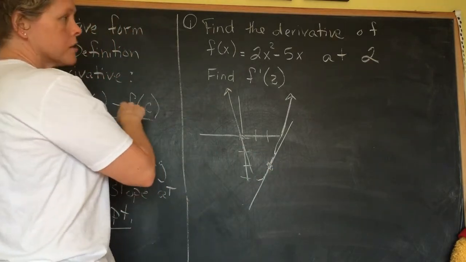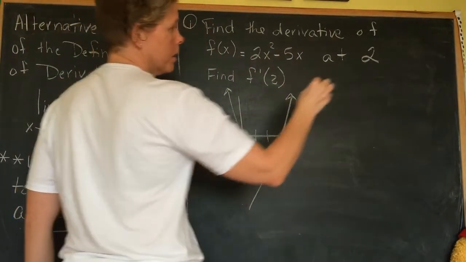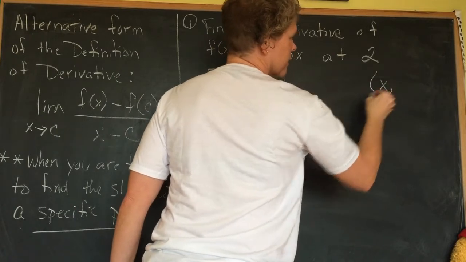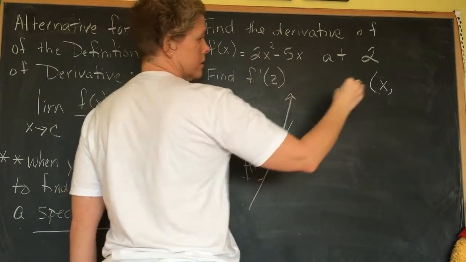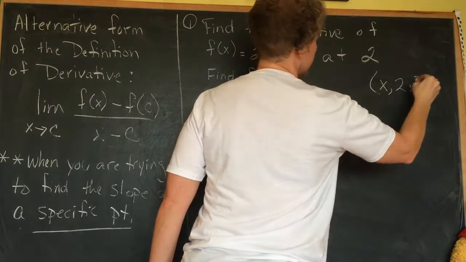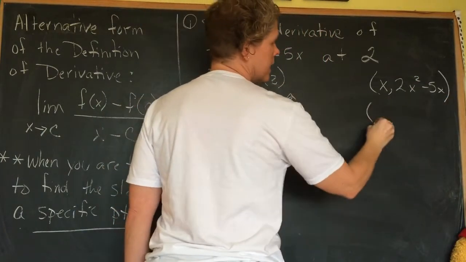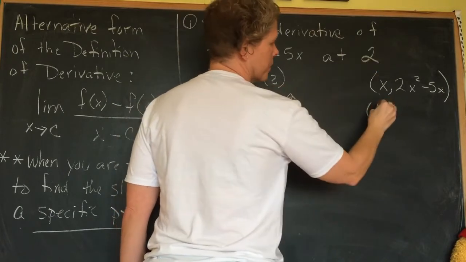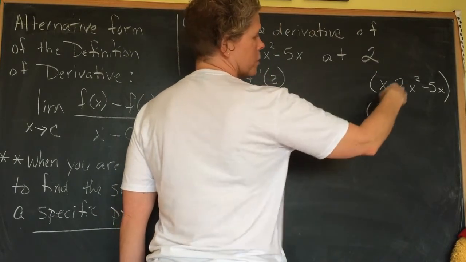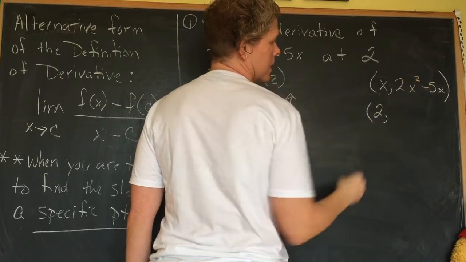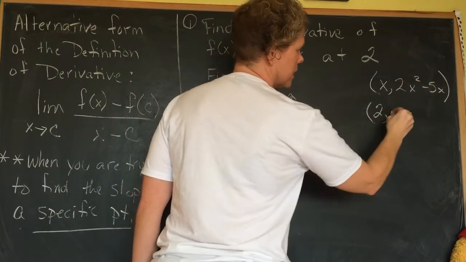If I'm going to find the slope, I need 2 points. One of them is if I plug x into the function. The second point is where it's happening at, so at 2. If I plug 2 into here, that gets me negative 2.